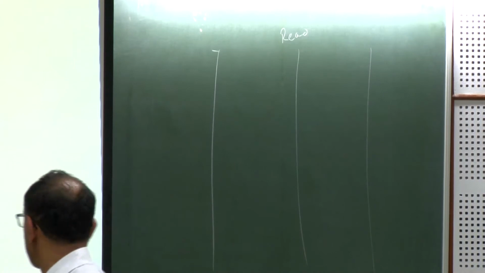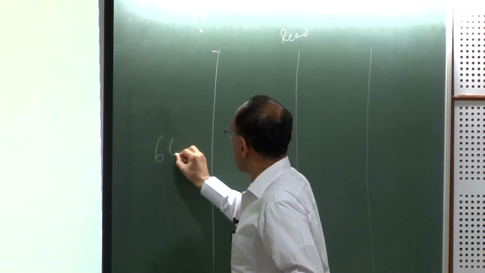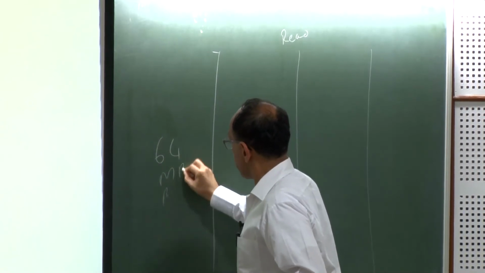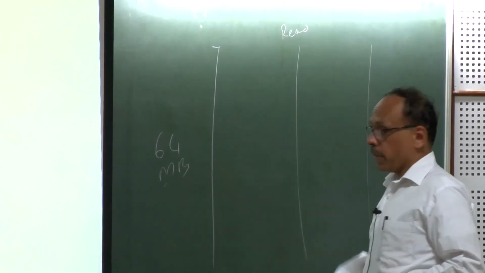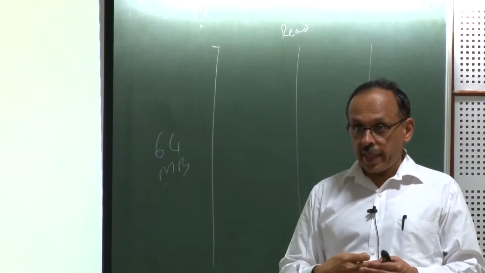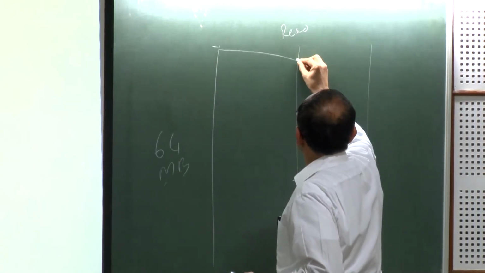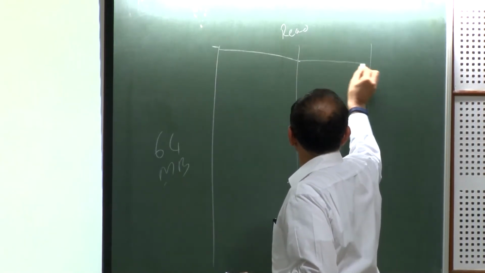As I told you, each one is a 64 MB block. It has to read 64 MB from all the nodes, but each time the chunk only comes 1 MB. So you have a read stream which makes a lot of reads.